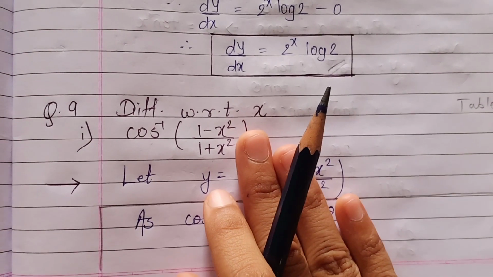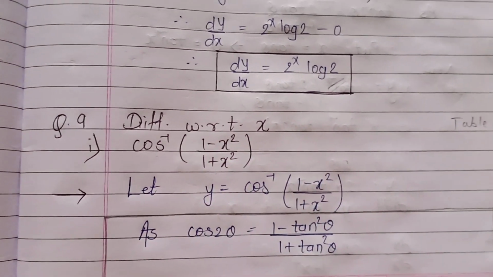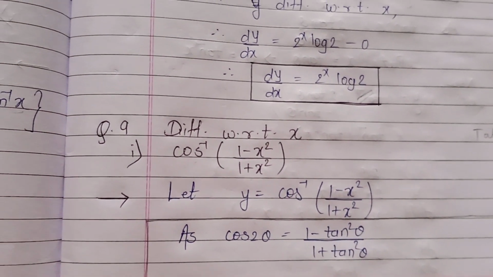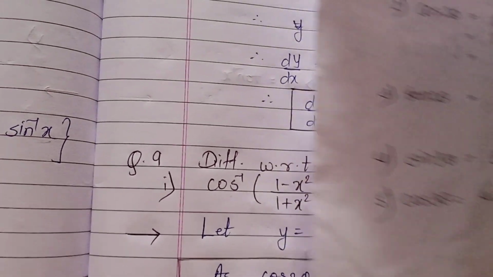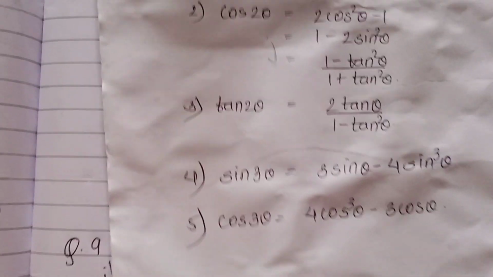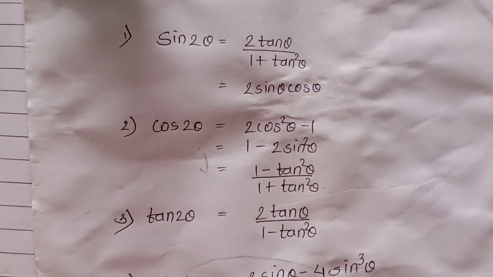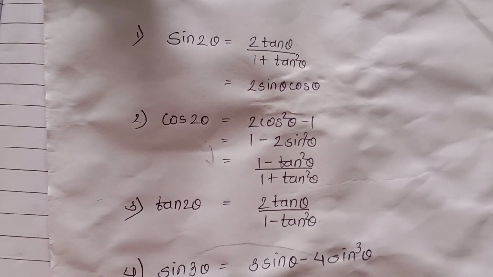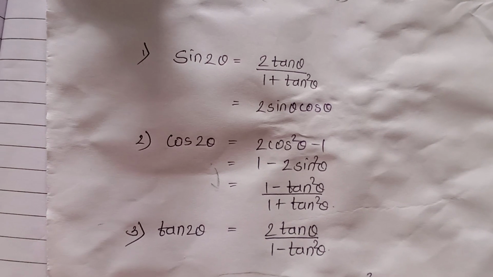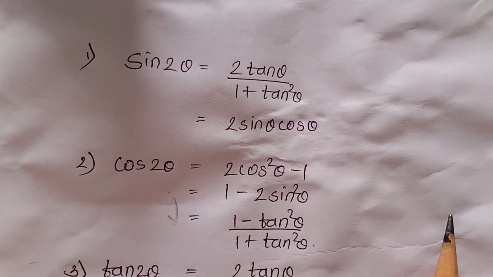Before starting these questions from question number 9, I want to revise all the 2 theta angle formulas first, because if you remember them, then you can solve these questions very easily. You can recognize the formats and which formula it actually is.